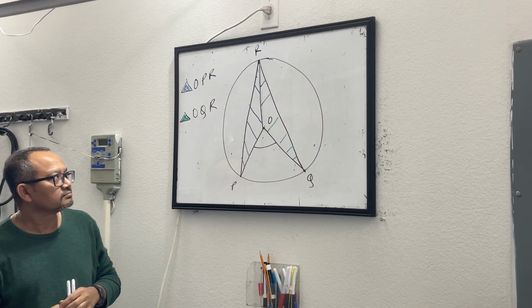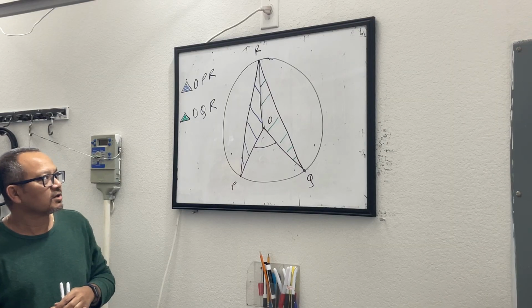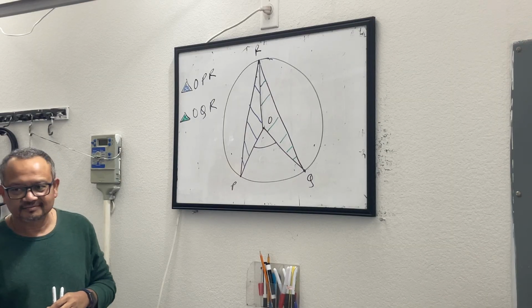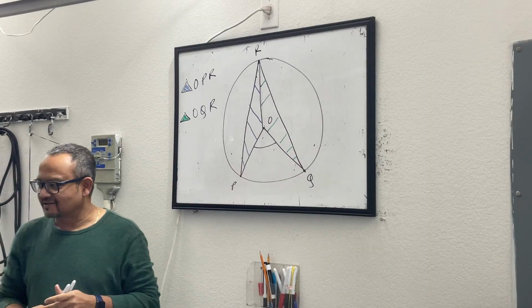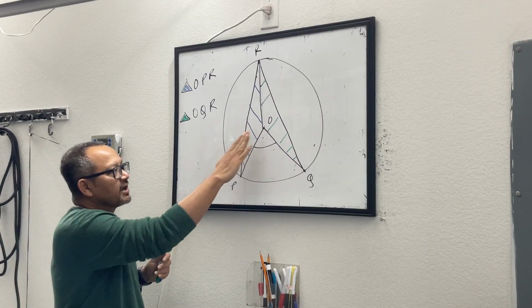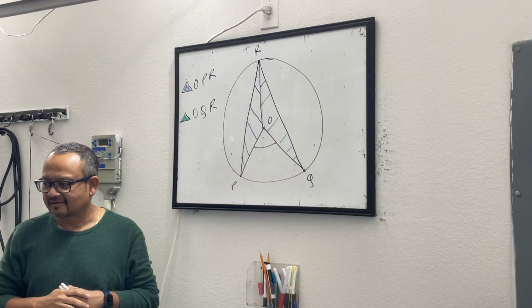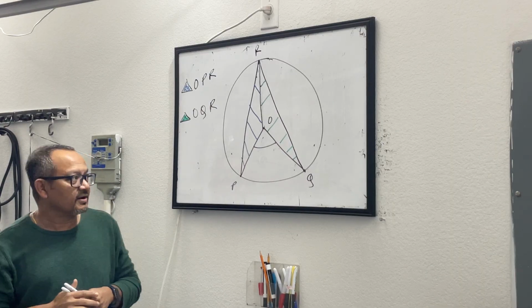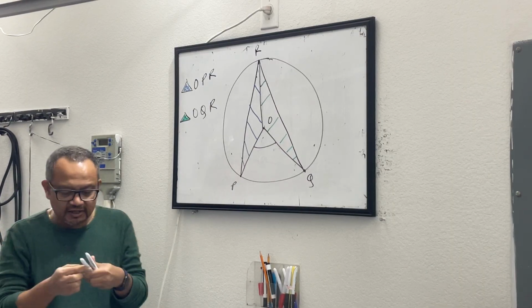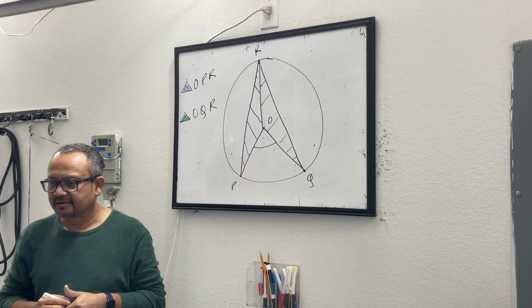And then, what else? I don't know. I'm too tired of this. Anybody else? I'm saying that these two triangles are congruent. Any reason? So what are the circumstances under which two triangles will be congruent?